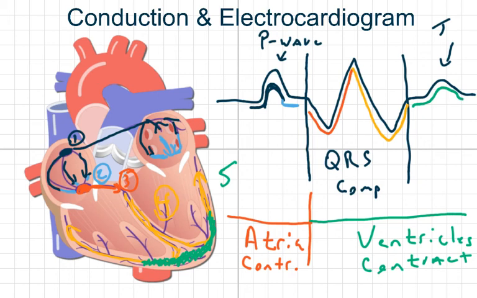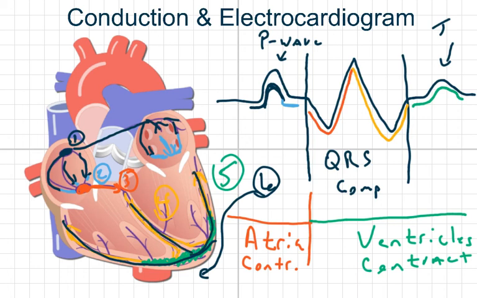And finally, that moves us into step 6. Let's go ahead and clear that out. Wrong color. Step 6 is where the entire ventricle is completely repolarized. And that's this section right here.